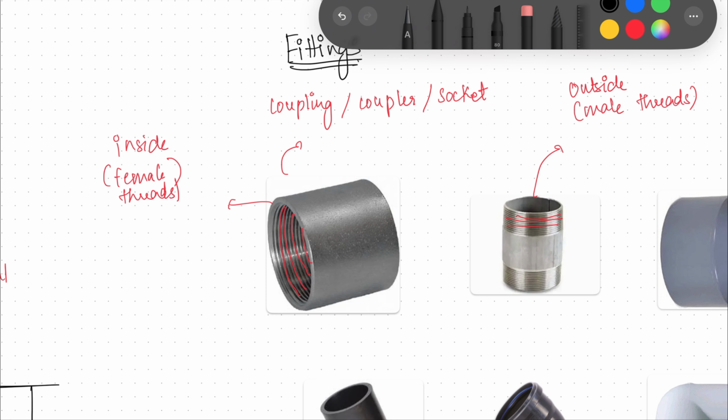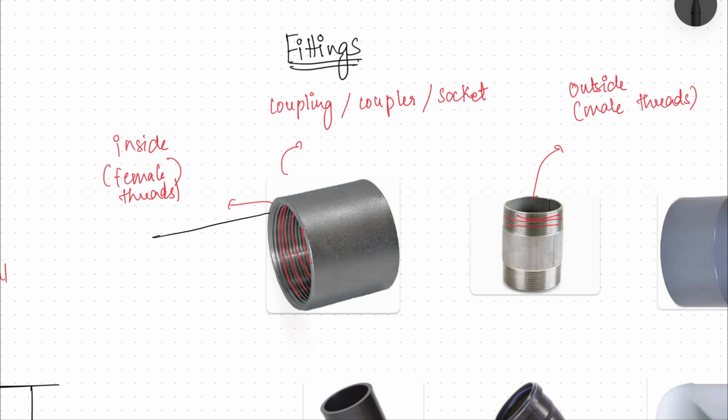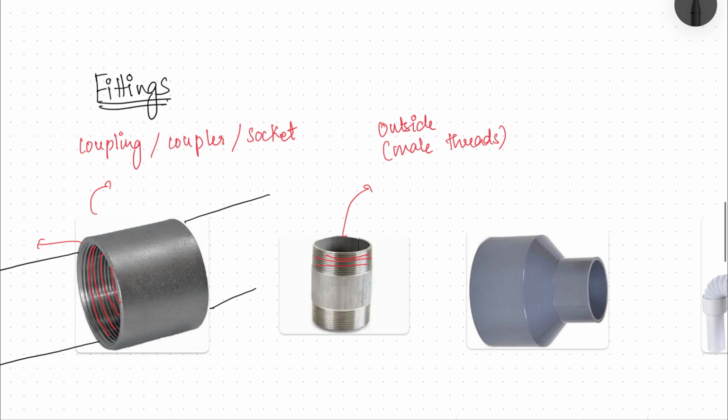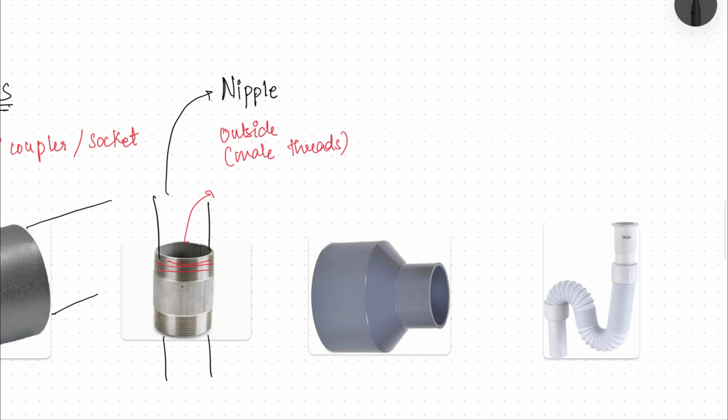So you have one pipe here and one pipe here. And if it is a male part that is connecting two pipes, then it is called a nipple. This again connects two pipes, but since it has a male part, it is called a nipple. If it's connecting two pipes of different sizes, then it is called a reducer.